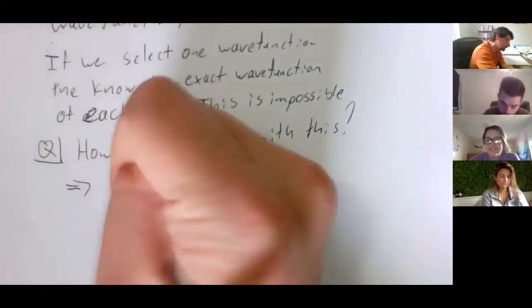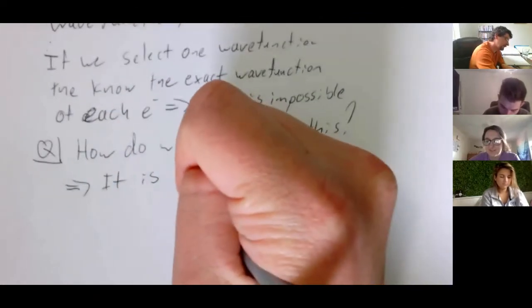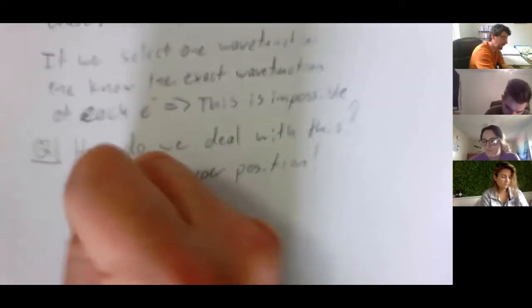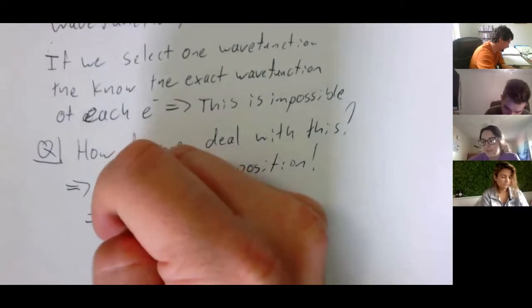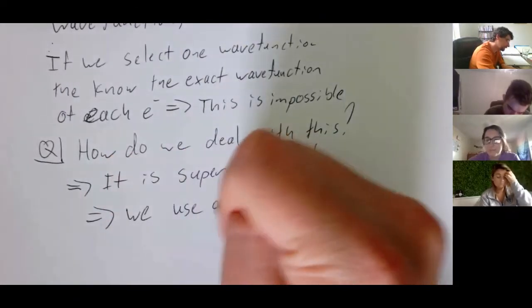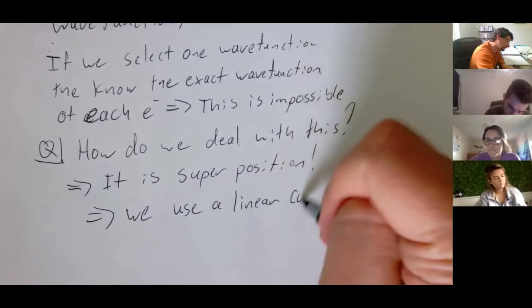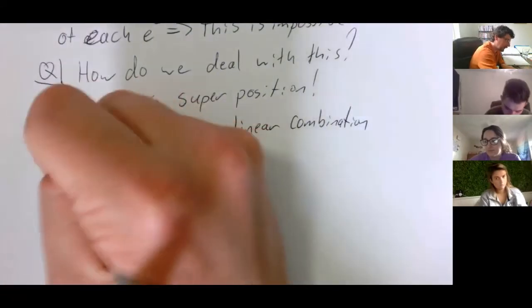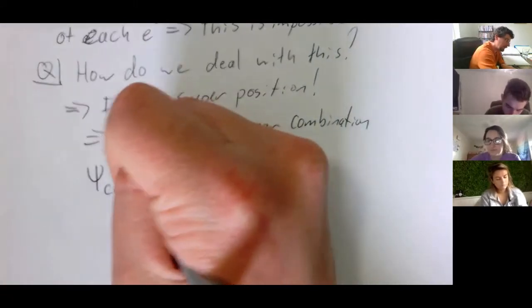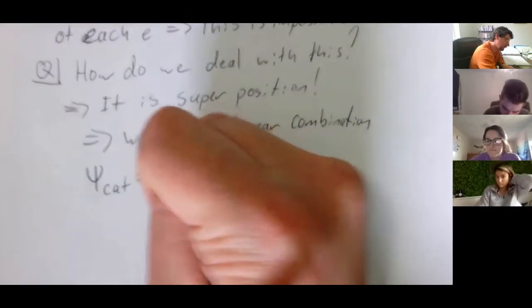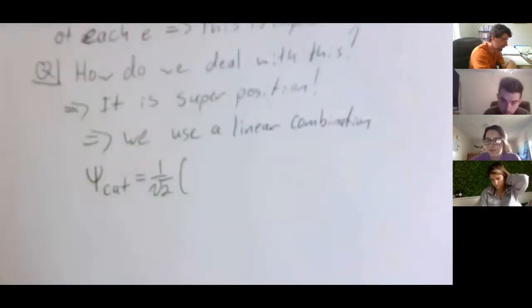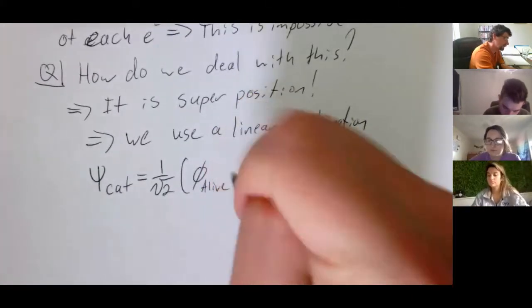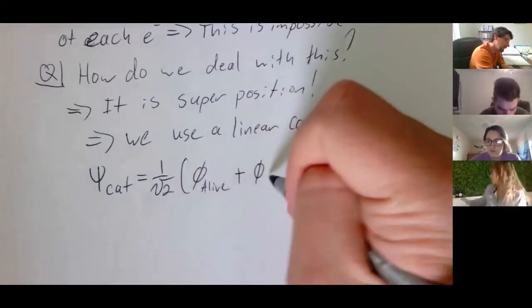So it is a superposition, and we use a linear combination to describe superpositions. Like with our cat, the wave function was 1 over the square root of 2, the normalization constant, times phi alive plus phi dead.